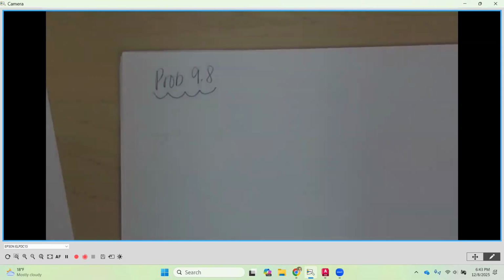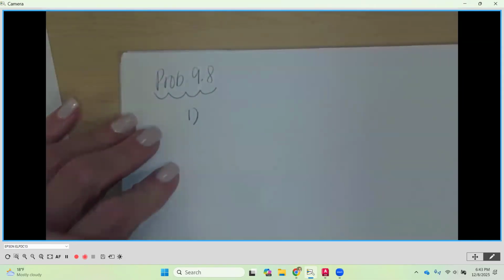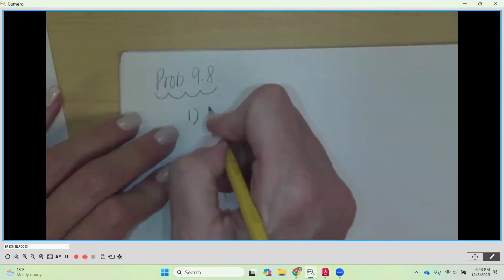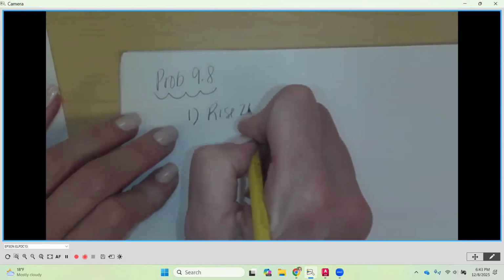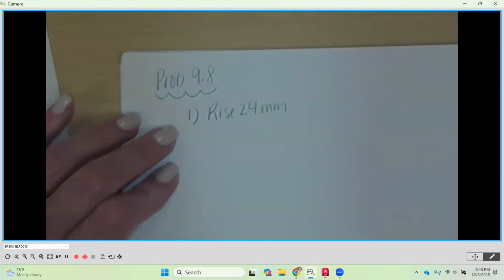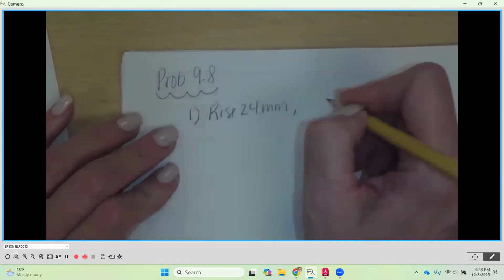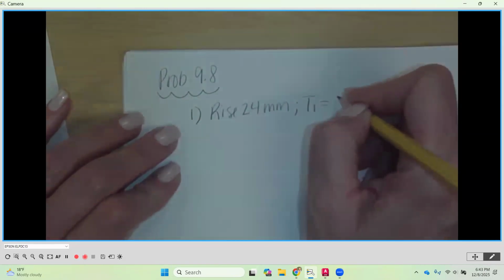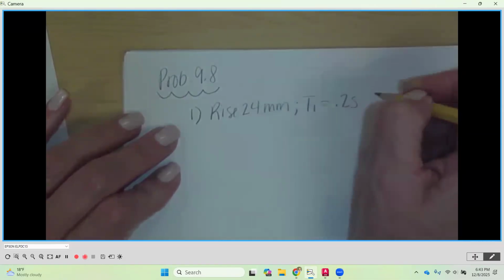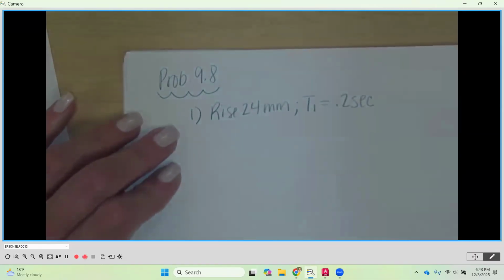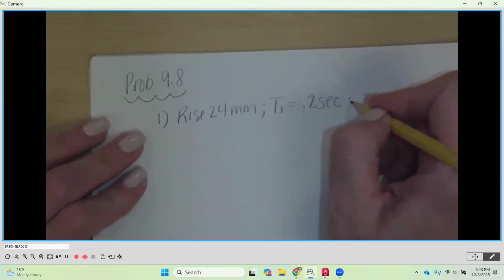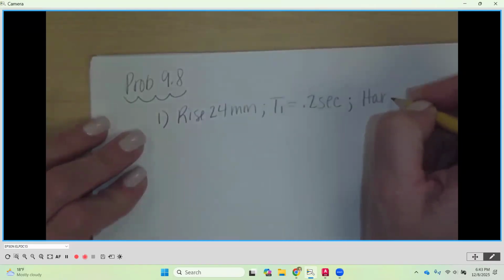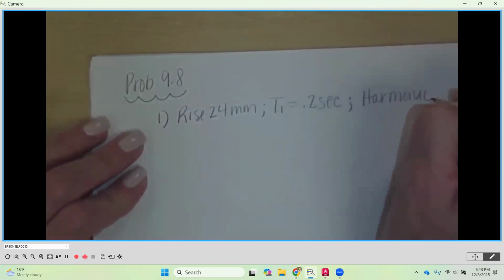So this is problem 9.8. Okay. What they're giving us in this problem is step number 1. We're going to rise 24 millimeters. Time 1 is equal to 0.2 seconds. So we have to rise in 0.2 seconds, and we're using harmonic motion.